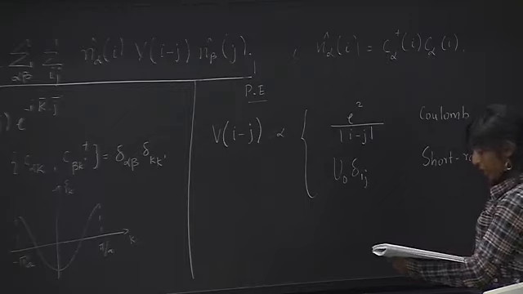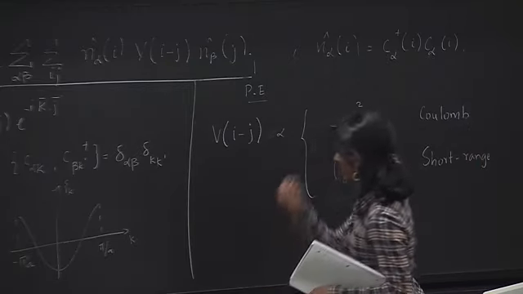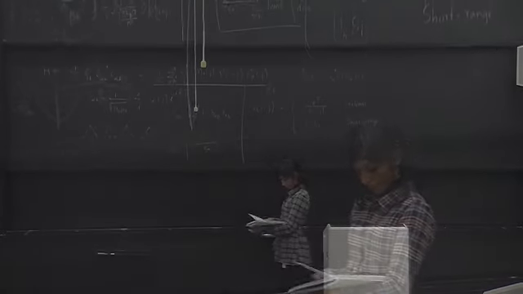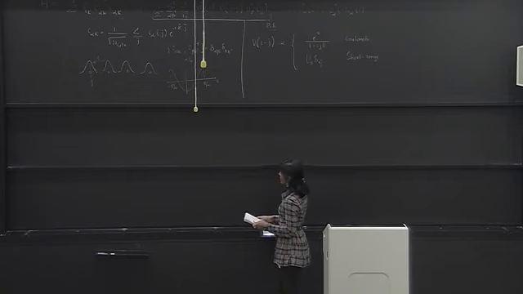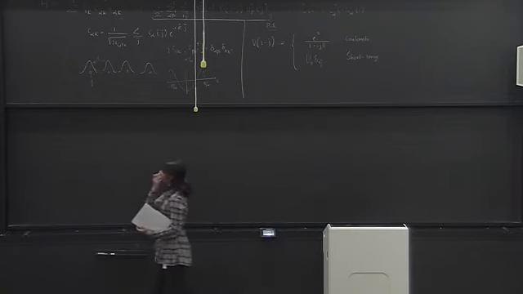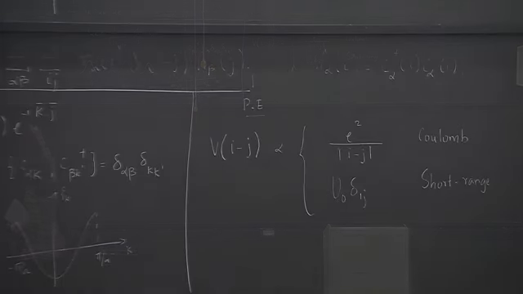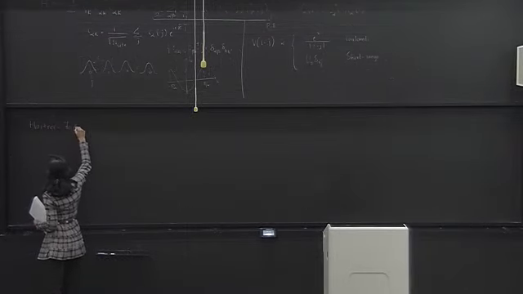And in general, we don't know how to solve it. So what we're going to discuss today is an approximate way to start to solve this Hamiltonian. And it's called the Hartree-Fock approximation.